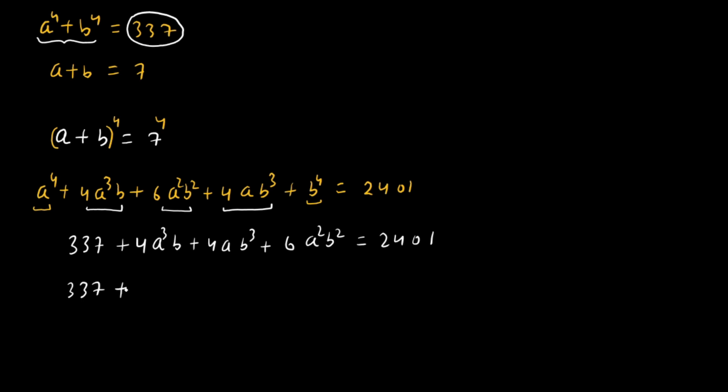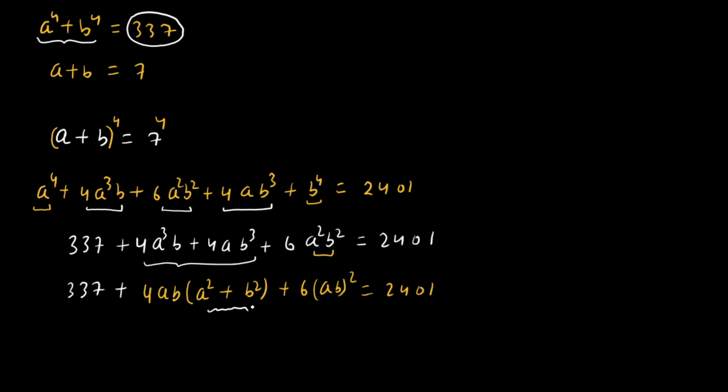So 337 plus, if we take 4ab common from these two terms, 4ab times (a square plus b square), and 6 times a square b square is the same as 6 times (ab) whole square, equals 2401. Look carefully, here we have a square plus b square, and we know that a plus b equals 7.